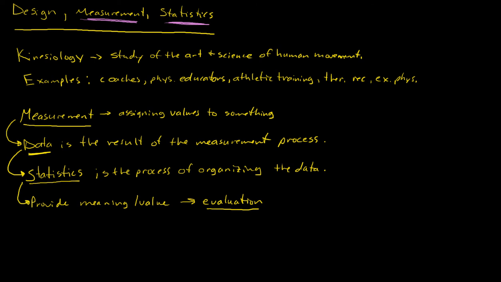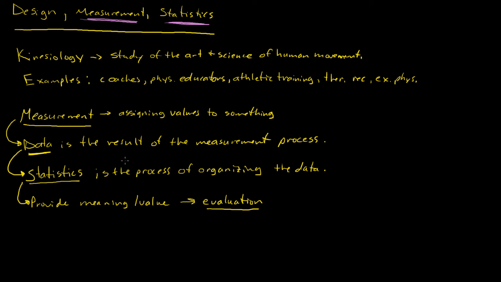Leaving design out of the equation for right now, as that's really for a different video, the purpose of this video is to get you to see how measurement gives you data, how data then allows you to go through the process of statistics, and on the back side of that, you're able to make an evaluation of different things.